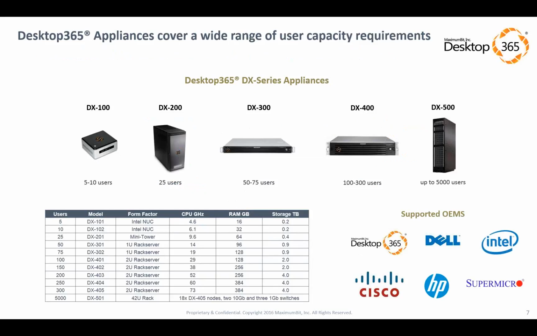Now, from the Desktop 365 team, we are providing this hardware based on this specification. It's Supermicro based. But at the same time, we're supporting multiple major OEMs such as Dell, Cisco, HP.